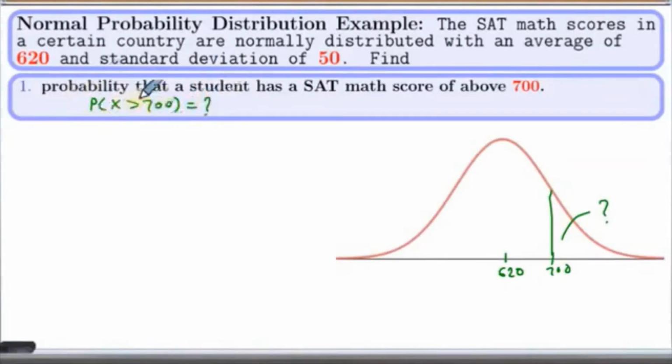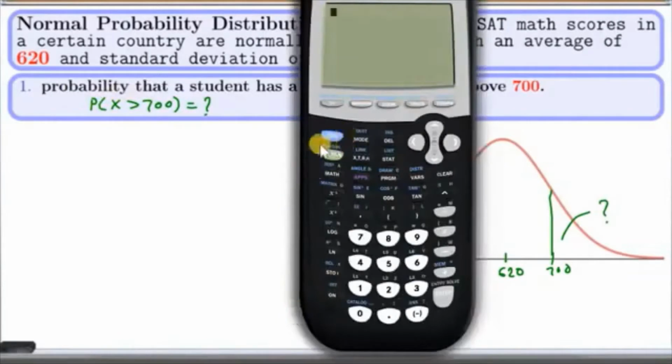To find this probability here, you can use calculator, you can use Excel, and you can also use table. So first, let me show you how to find this probability using calculator. For that, let me pull up a calculator here. Then go to second, distribution. We'll be using normal CDF function. Then hit enter.